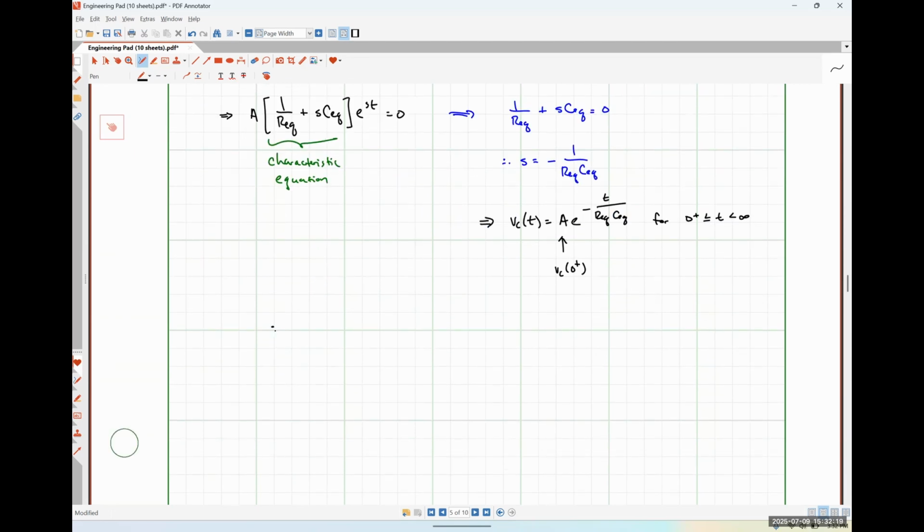So generically we can say that VC of t is VC at 0 minus for t less than 0 minus, and VC at 0 plus e to the negative t divided by REQ times CEQ for t greater than or equal to 0 plus.